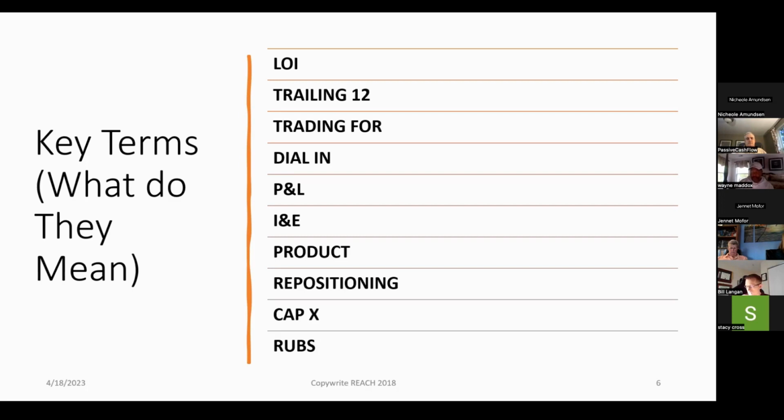And RUBS, it's a ratio utility billing system. It is fairly common in properties, particularly older properties, where you don't have the utilities individually billed.